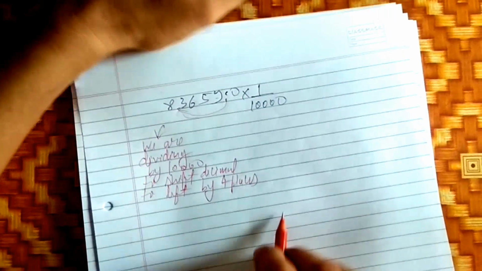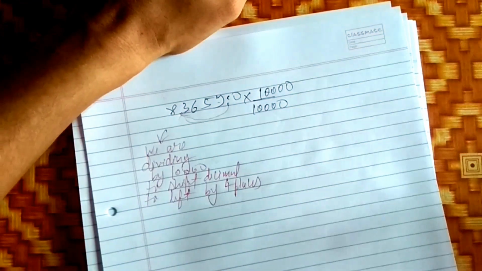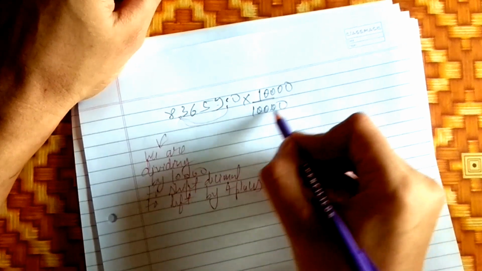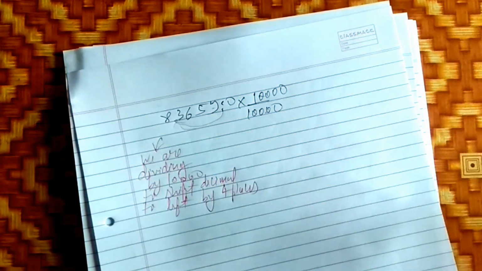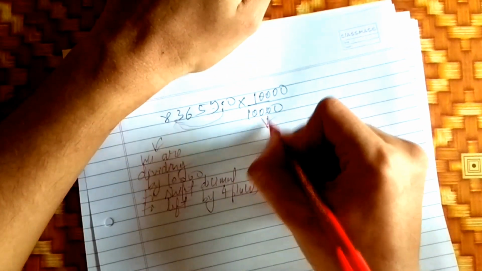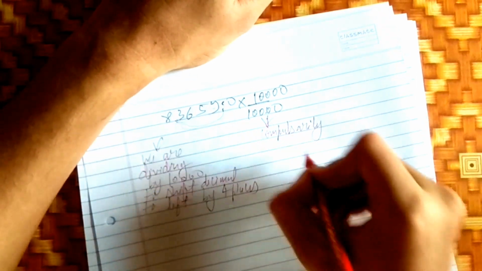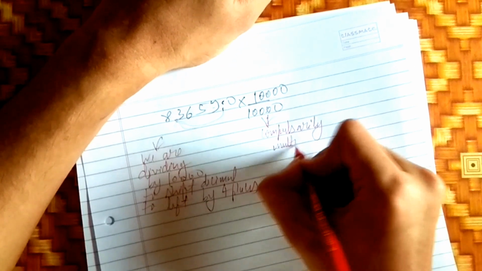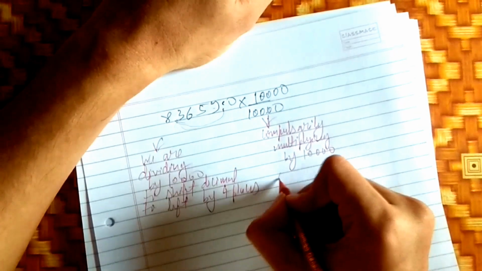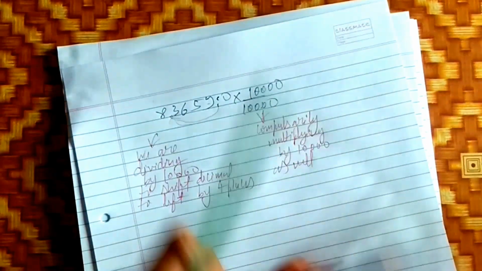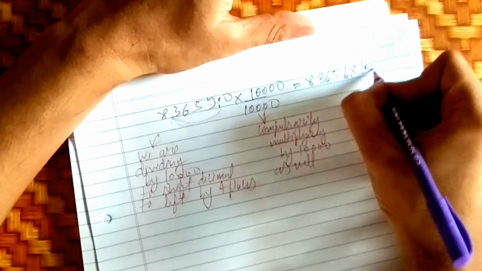Since we have divided by 10,000, to cancel this we compulsorily need to multiply it by 10,000 as well. So this will become 8.3659 into 10,000, right?